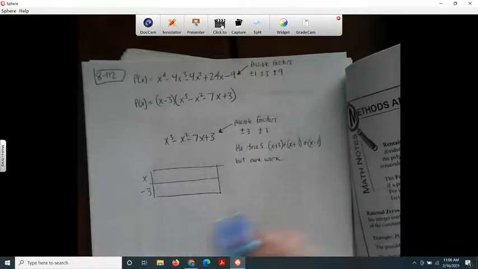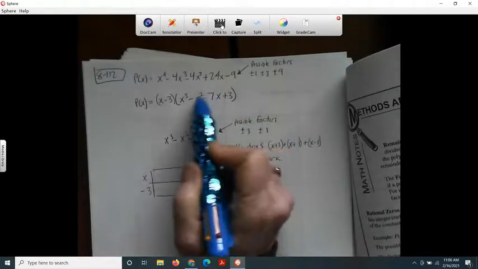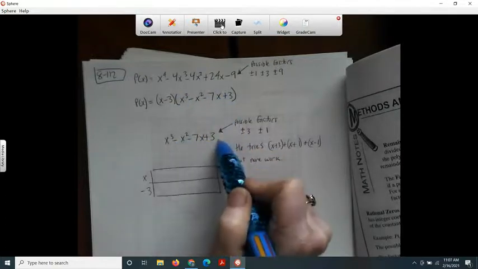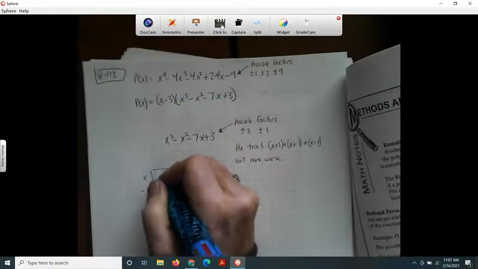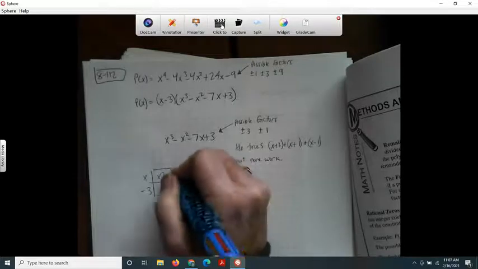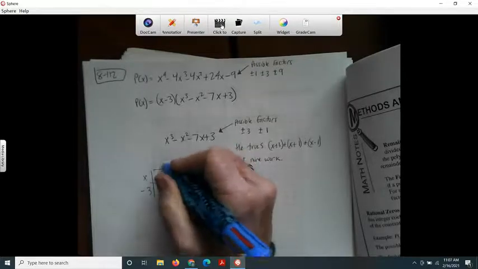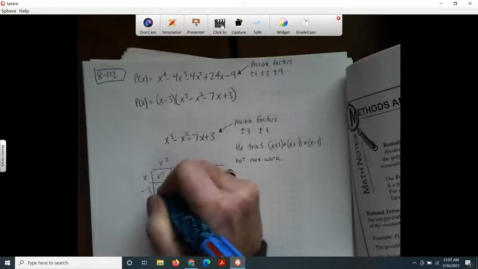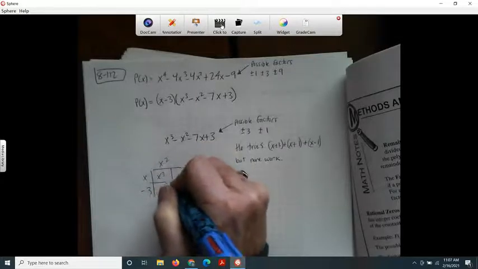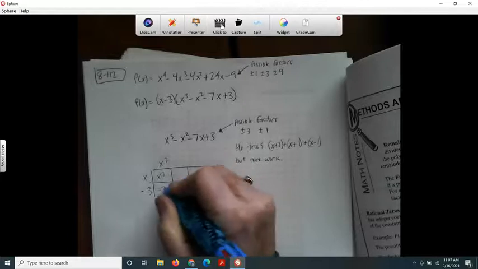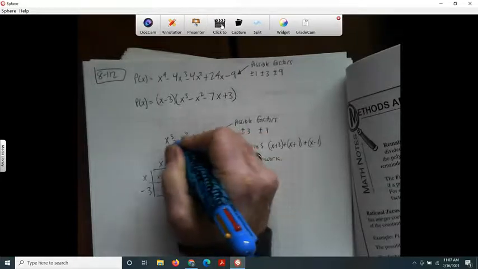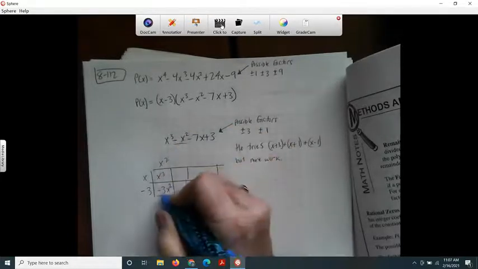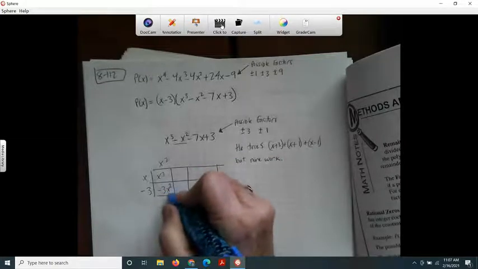So we know that this has to be x cubed right here, and something times x is x cubed, and that's x squared. And then down here we just multiply to get -3x squared. Then we look diagonally to try to get the -x squared. Well, I would have to add 2x squared, because these have to add up to make this one.